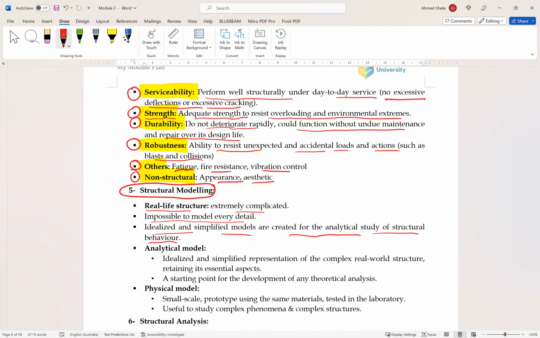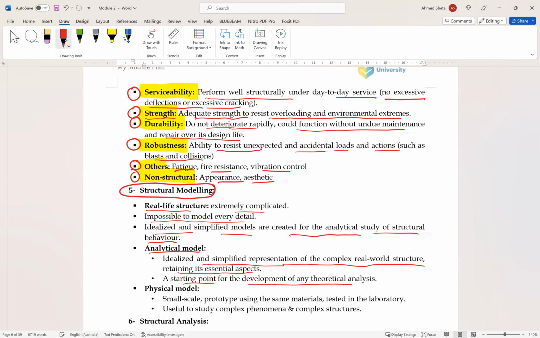So we have the analytic model. An analytic model is an idealized and simplified representation of the complex structure, retaining its essential aspects, and is the starting point of the development of any theoretical analysis.